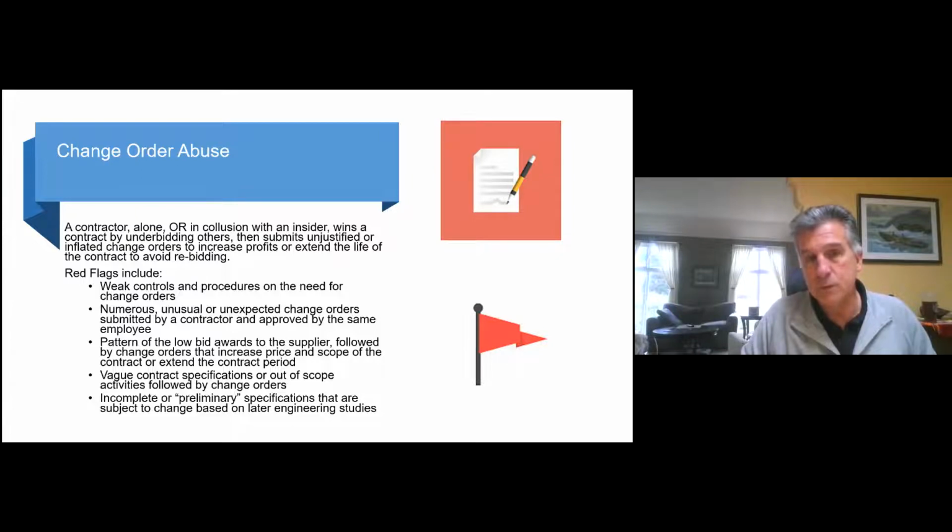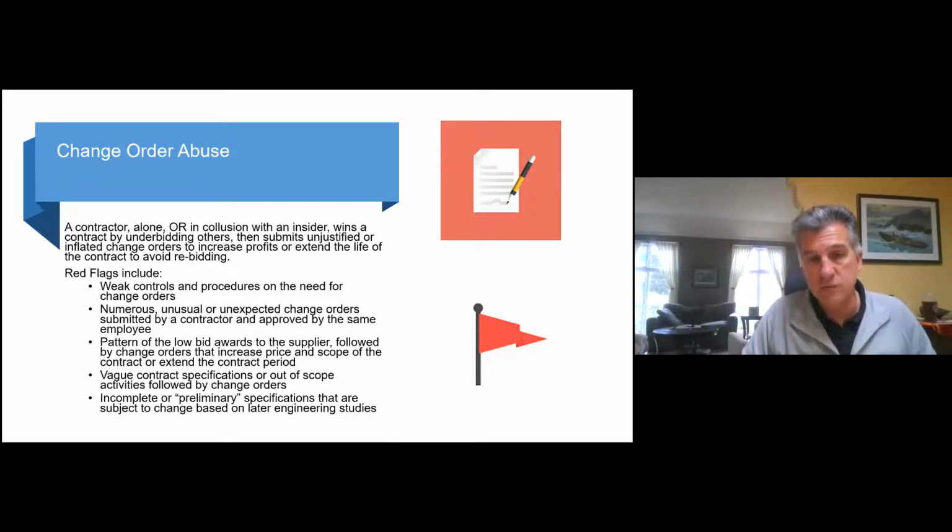Red flags for change orders might include weak controls and procedures on the need for change orders, numerous, unusual, or even unexpected change orders submitted by a contractor and approved by the same employee, a pattern of low bid awards to the supplier, followed by change orders that increase the price and increase the scope of the contract or extend the contract period.